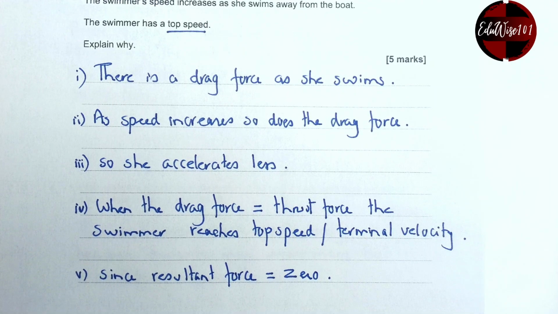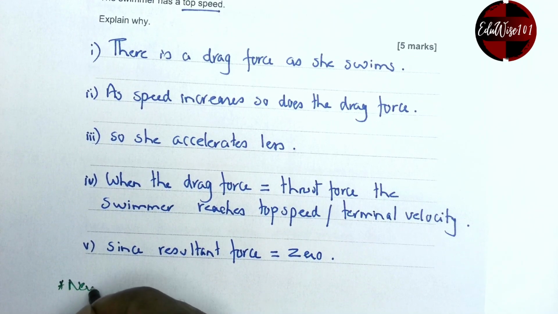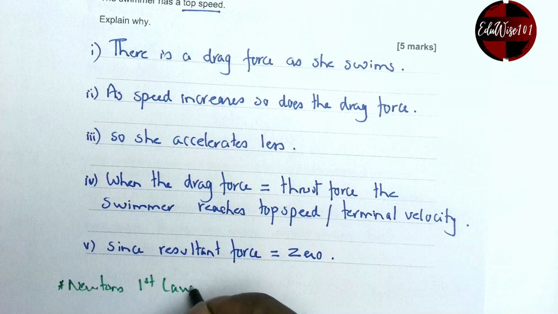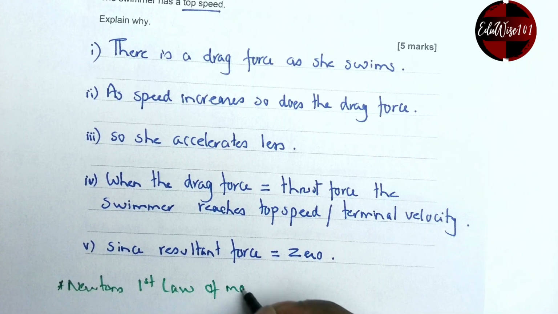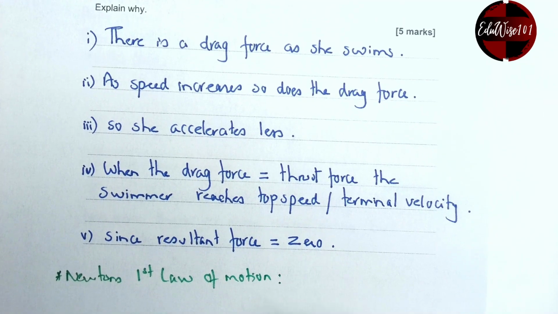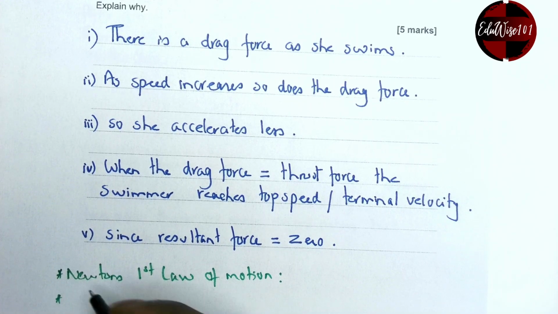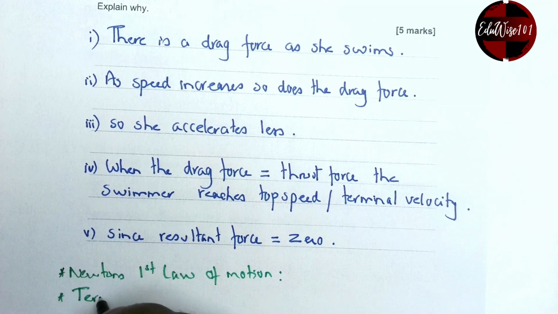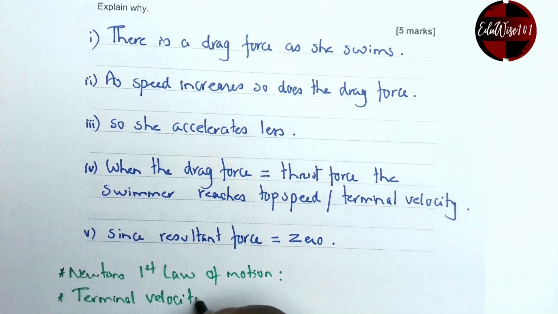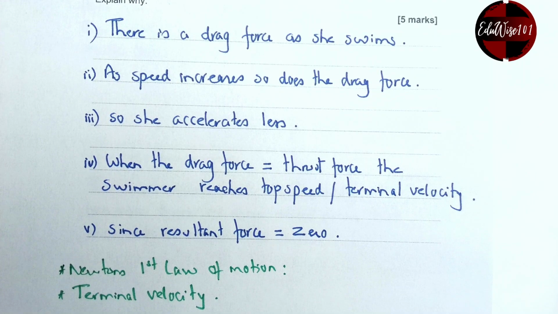So this question links to Newton's first law of motion. If you don't know what that is, make a note underneath it here. And it also links to the concept of terminal velocity. That's the end of the question, and that's the end of the video.